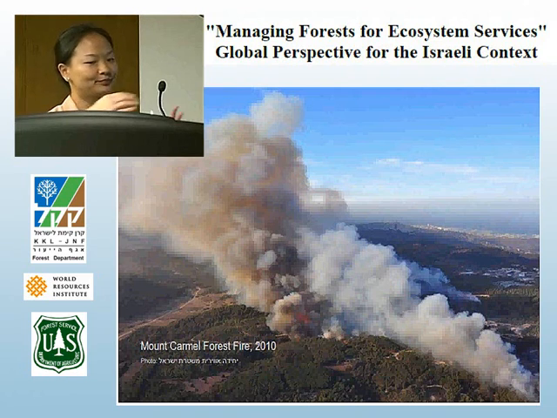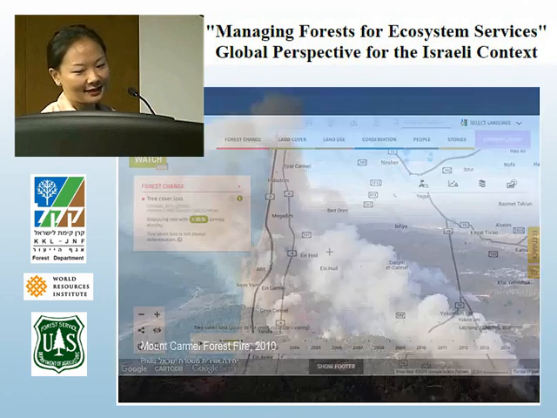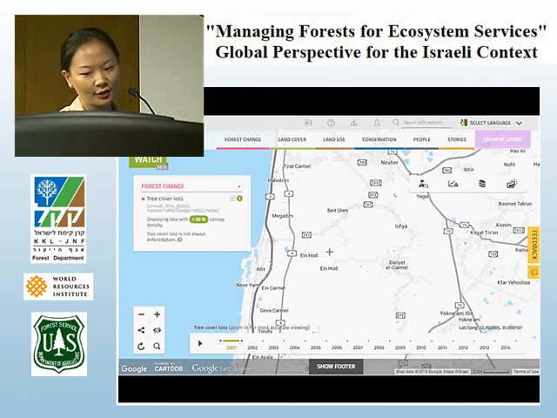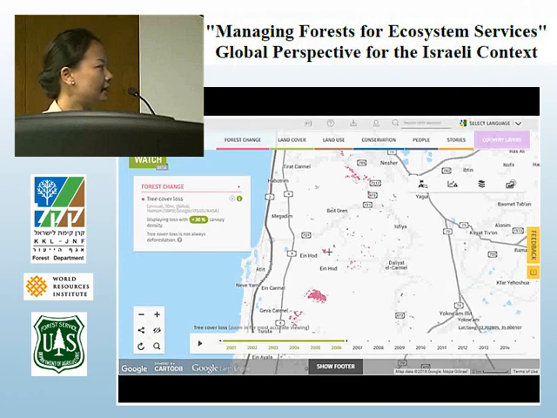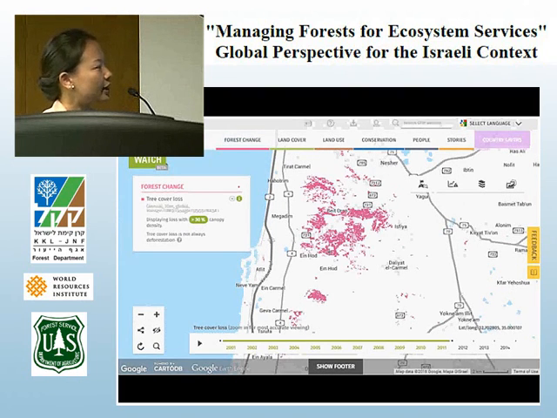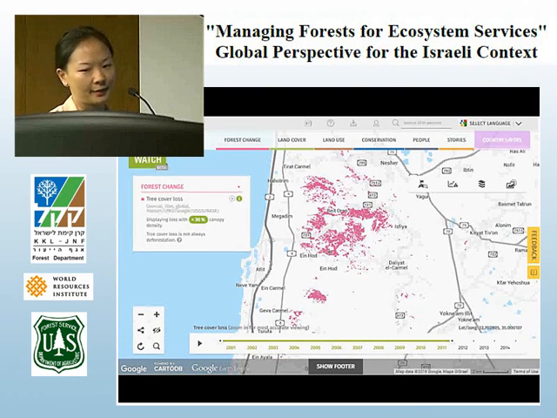And looking at the map, in the year 2001, there was no forest loss detected. In 2006, there are some red patches in the lower corner. And in 2011, we can see the large patch of red. That's where the forest fire had happened.